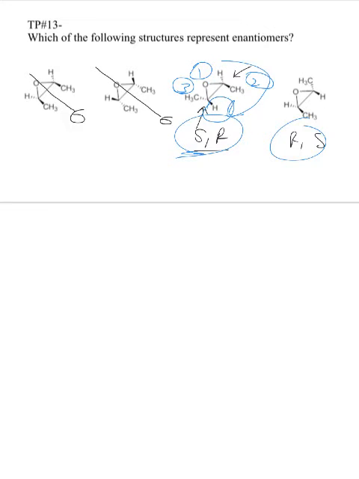So these two would be enantiomers. There's no plane of symmetry. The cis rings typically have planes of symmetry.